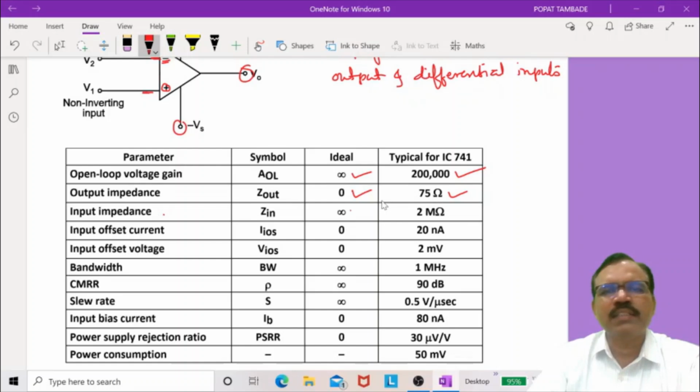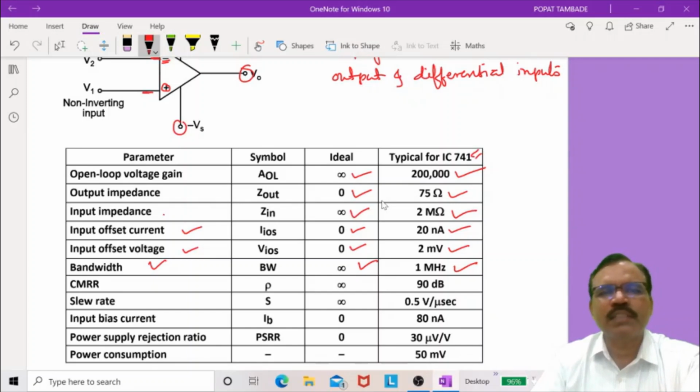Input impedance is infinite and high. Input offset current is 0 for ideal and very small for practical. Similarly, input offset voltage is 0 and 2 millivolt. Bandwidth is infinite and 1 megahertz for 741.